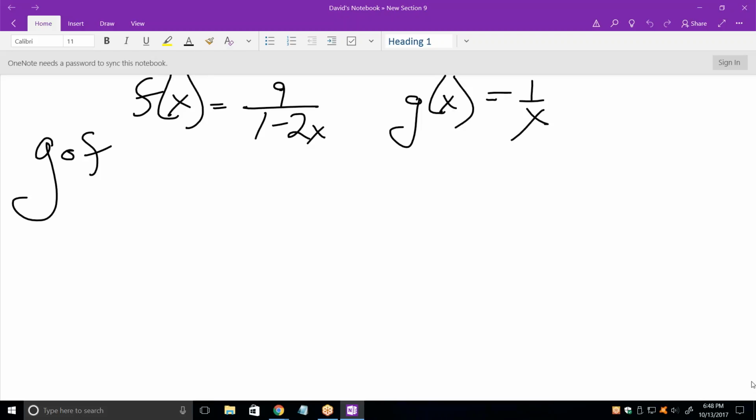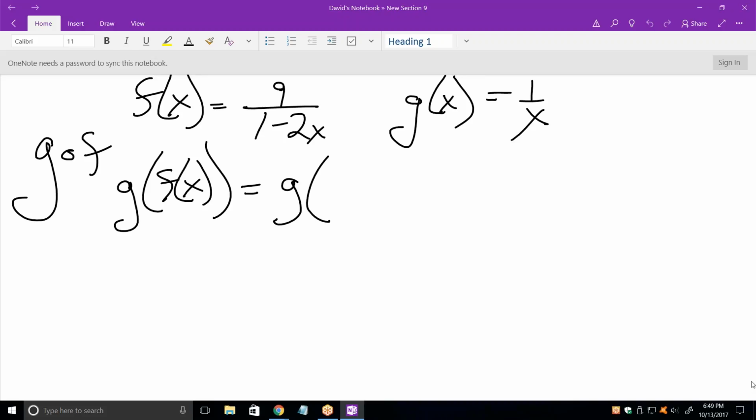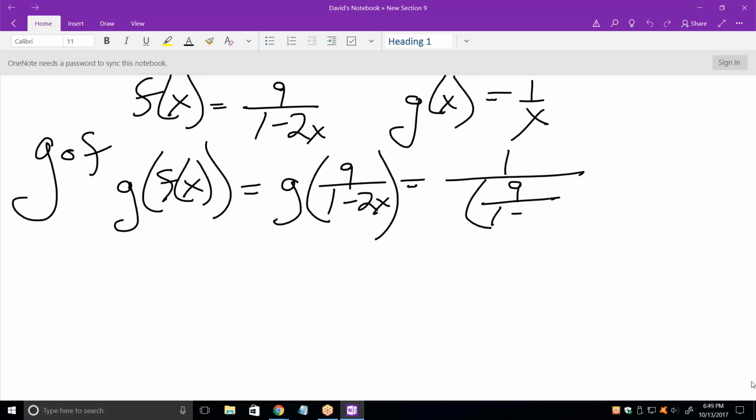Okay, so what is g of f? g of f is g of f of x, which is g of 9 over 1 minus 2x. You're absolutely right, and we get 1 over 9 over 1 minus 2x. Parentheses. Just exactly like that.